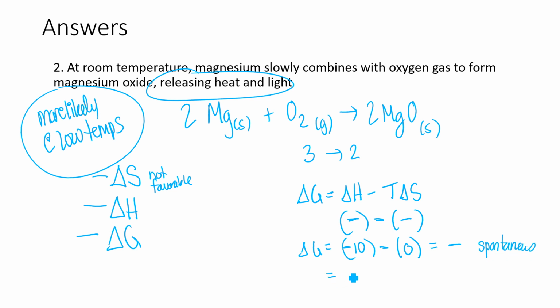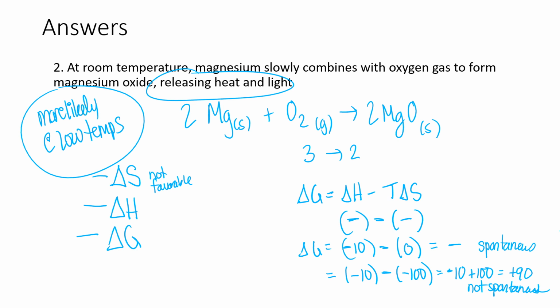But if the temperature is pretty high, let's say it's 100, and it's going to be a negative number because delta S is negative. So you're going to have negative 10 minus negative 100, which is negative 10 plus 100, because a negative times a negative is a positive. Notice how my delta G under these conditions is actually positive. So under high temperatures, it is not spontaneous.